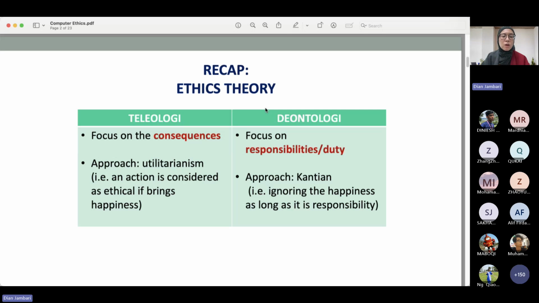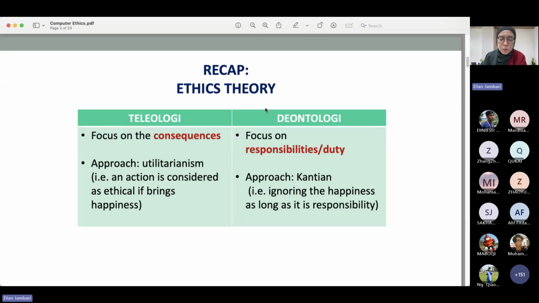Teleology focuses on consequences. Consequences means what will happen if something is not done ethically. So the focus has always been to be careful, because the individual would want to take care of the impact of it.